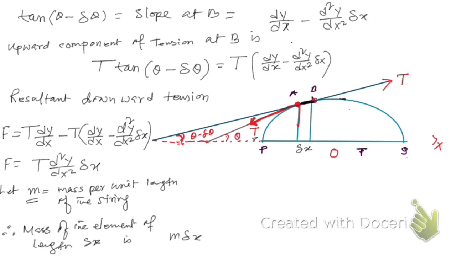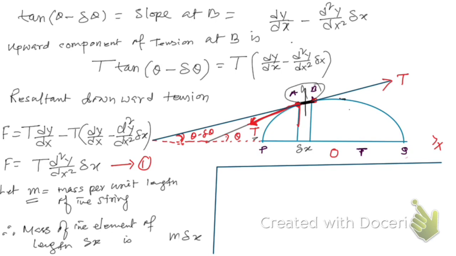Now this is, suppose, equation number 1. Let me do the remaining part here. The acceleration of the element AB along the y axis will be given by, we know that if displacement takes place along the y axis, then velocity is given by dy by dt.